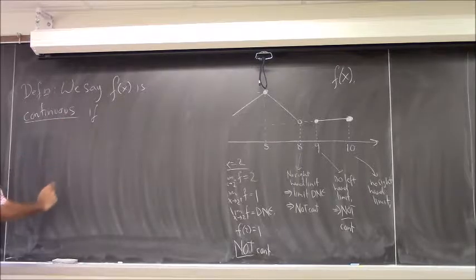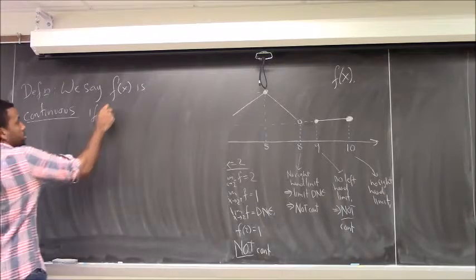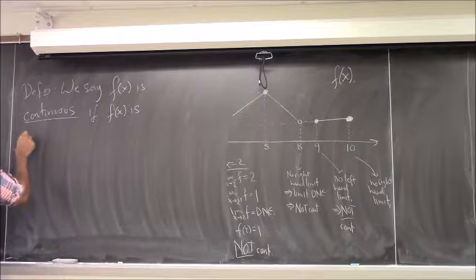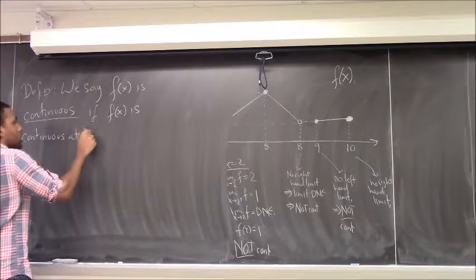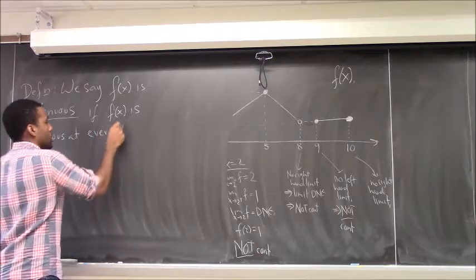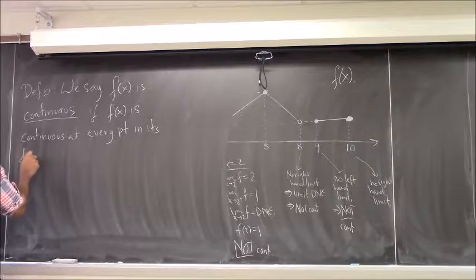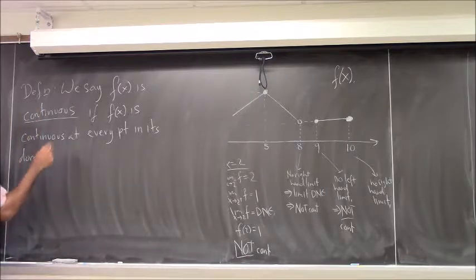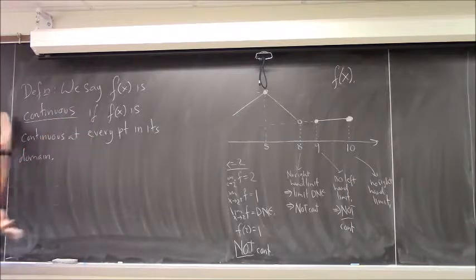But this is just basically us taking that definition and applying it to all points of f. So if you apply that definition about continuity with limits, but you apply it to every single point in a domain and it always checks out, we say the function is continuous in general.